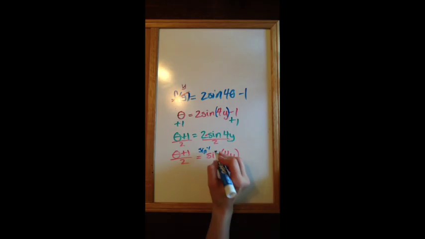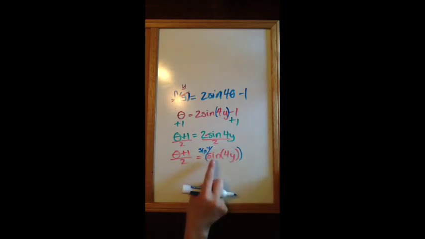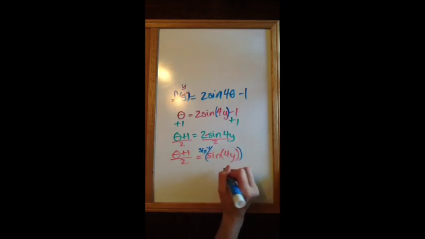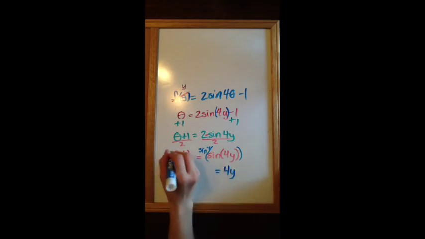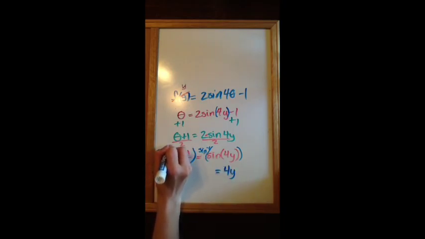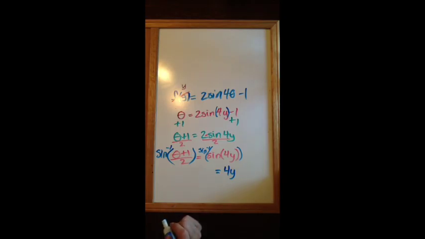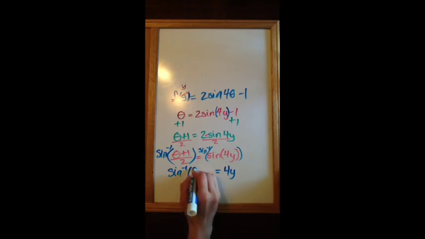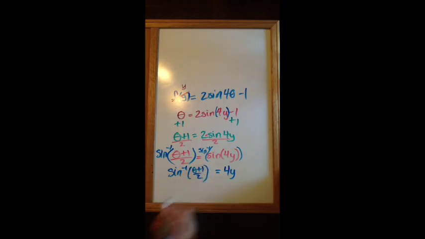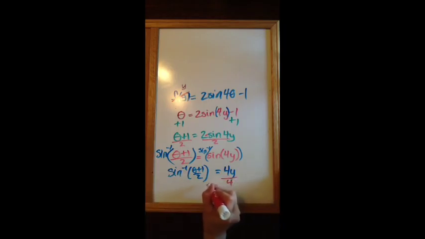If we take the inverse sine of both sides, the inverse sine of the sine just leaves you with 4y. And on the left side, I have to take the inverse sine as well. So I'm going to have the inverse sine of theta plus 1 divided by 2. Now that equals 4y, so to get the y by itself, I'm going to divide by 4.